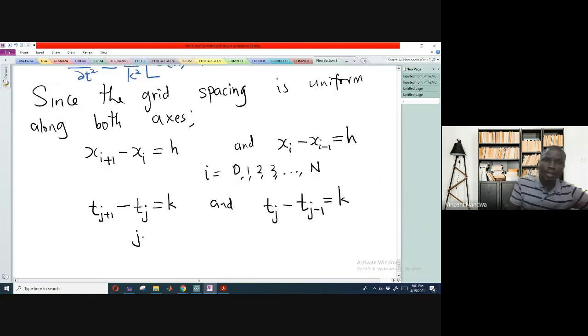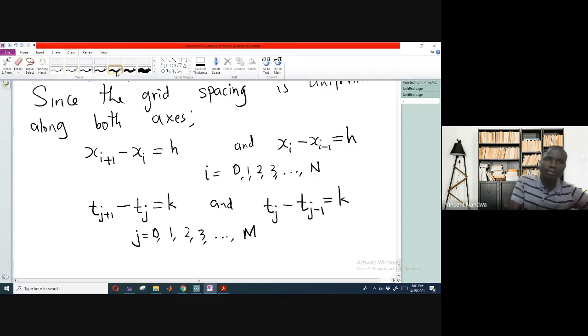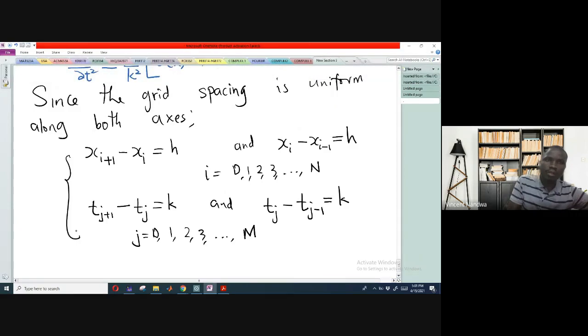So where j runs from 0, 1, 2, 3, up to m. Call this one equation 4.